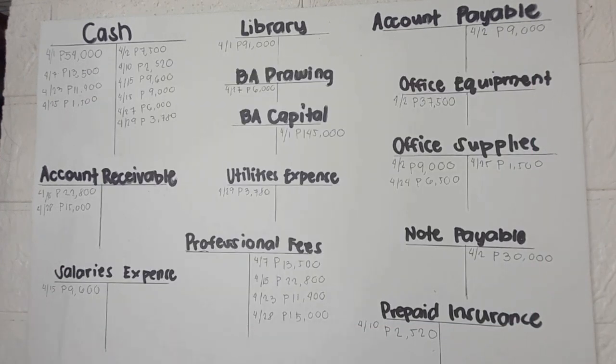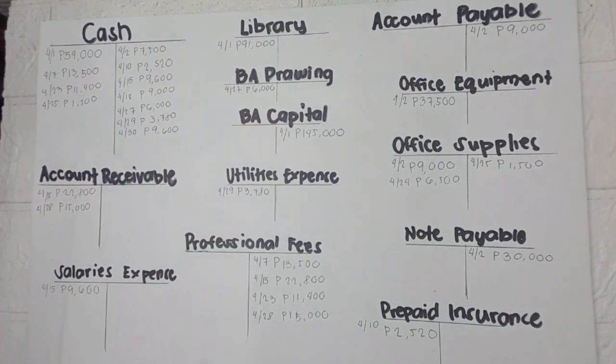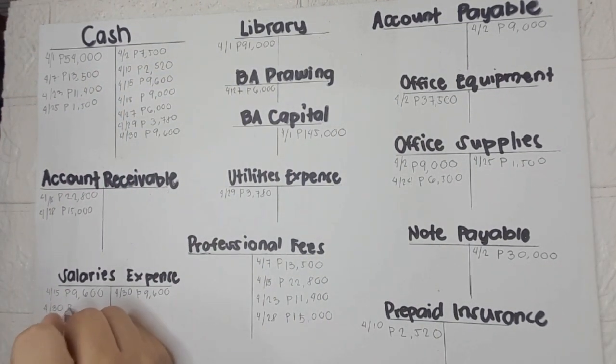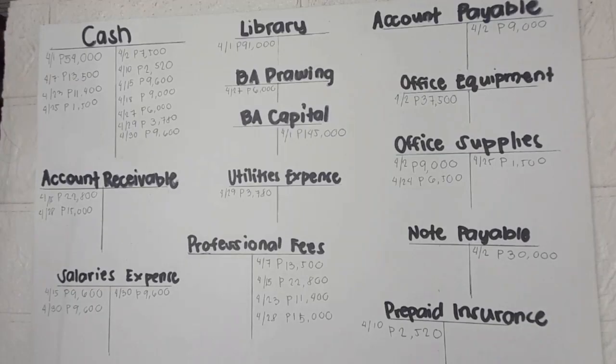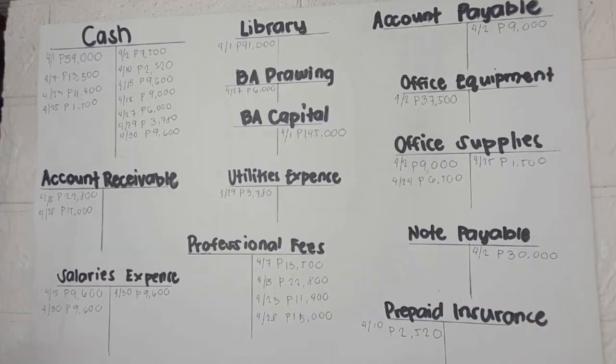On April 30, paid the salary of legal assistant, 9,600. So the account titles will be cash and salaries expense. The cash will be on the credit side, and the salaries expense will be on the debit side. For the last transaction, on April 30, paid 6,000 of note payable. So the account titles will be Note Payable and Cash. So the 6,000 on note payable will be on the debit side, and the cash will be on the credit side.